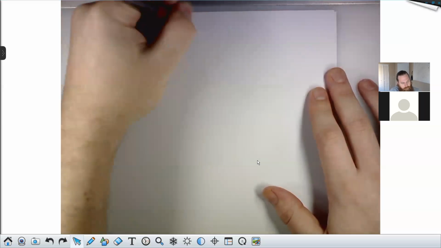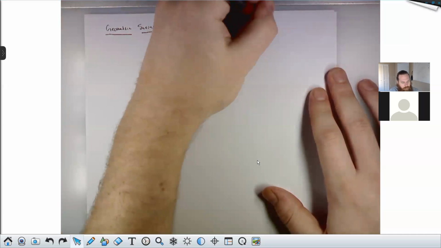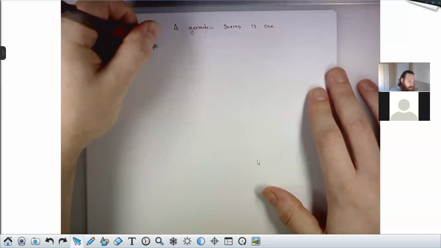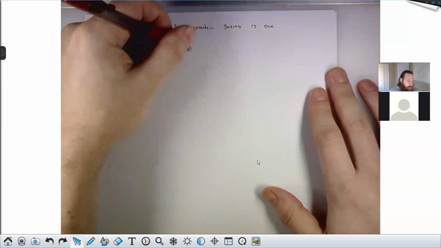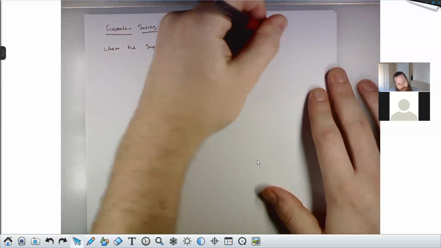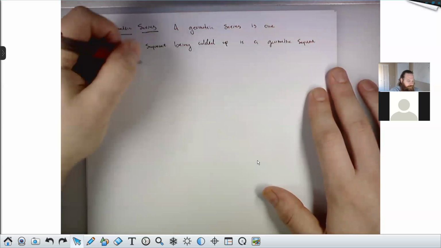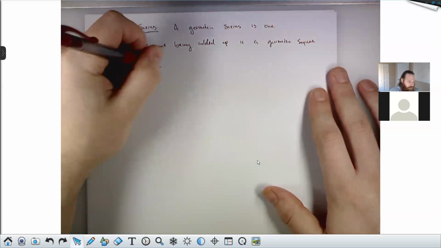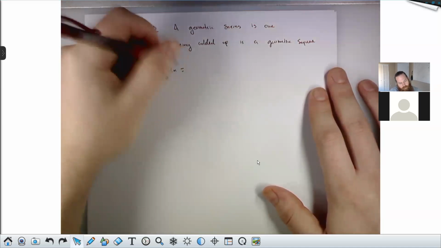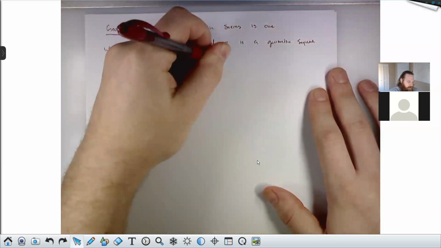A geometric series is one where the sequence being added up is a geometric sequence, i.e., a series S is geometric if it can be written as sigma n from wherever to infinity of a_n, and a_n is some constant times some other constant to the n.